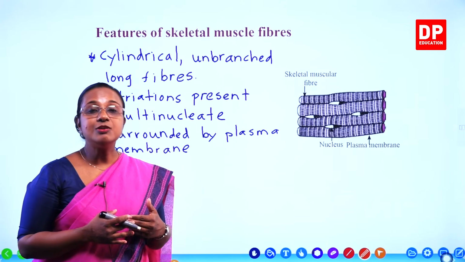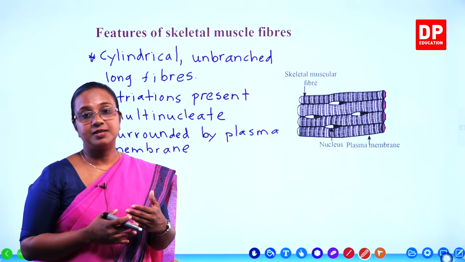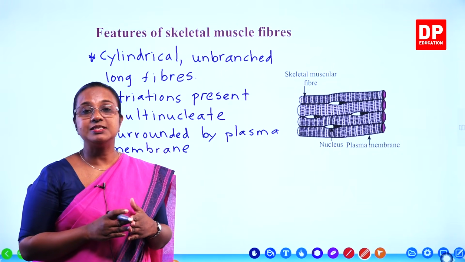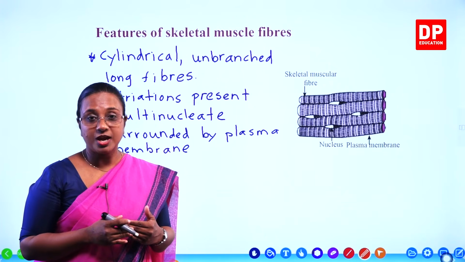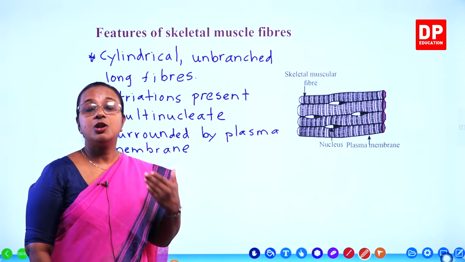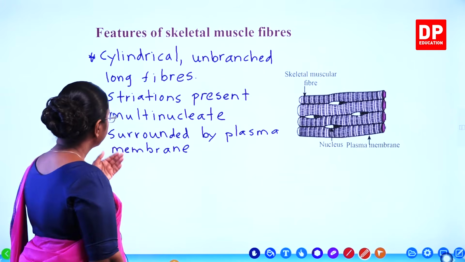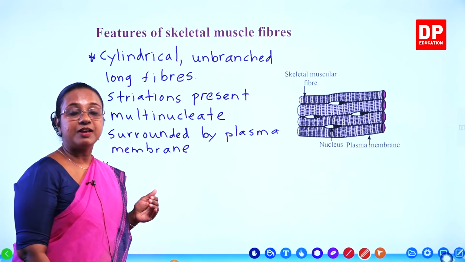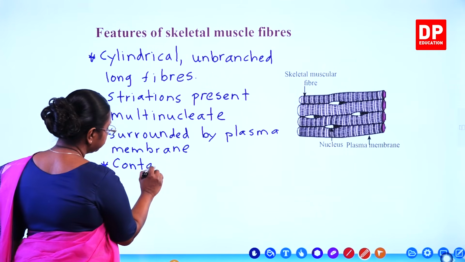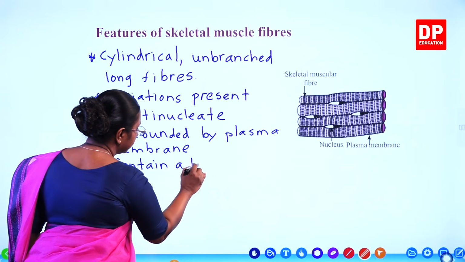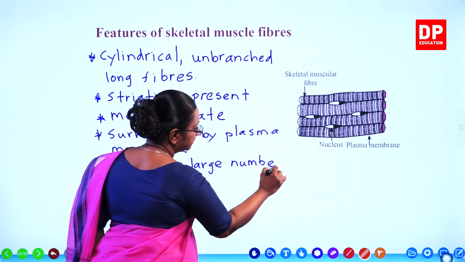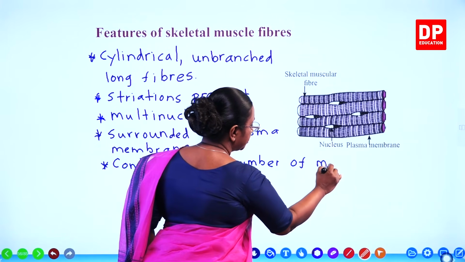Yes, cellular respiration has to take place. And what is the organelle in which cellular respiration takes place? The mitochondria. So these skeletal muscle fibers contain a large number of mitochondria so that enough energy can be produced.